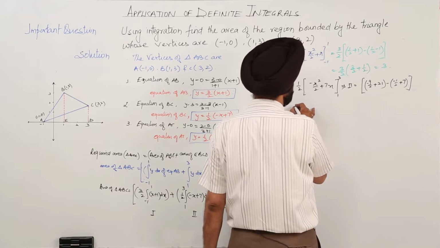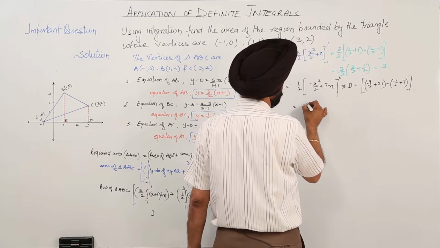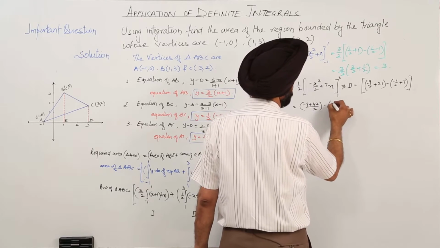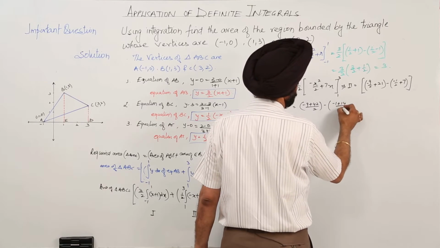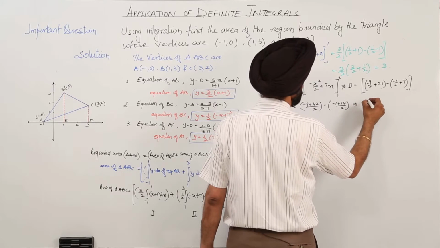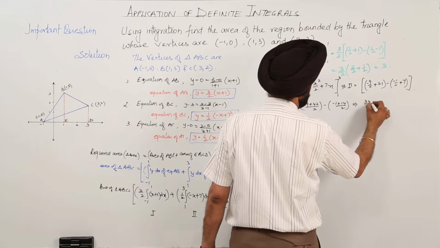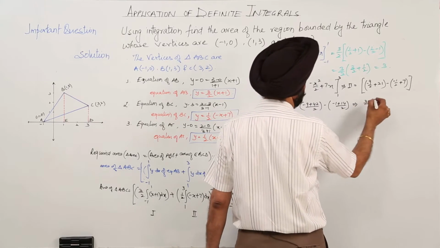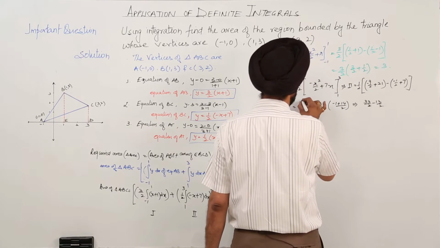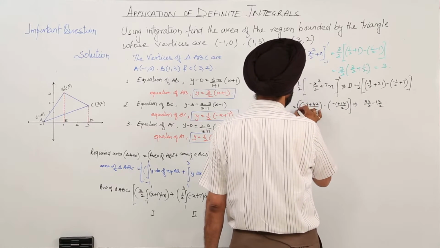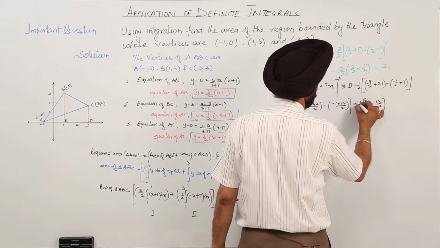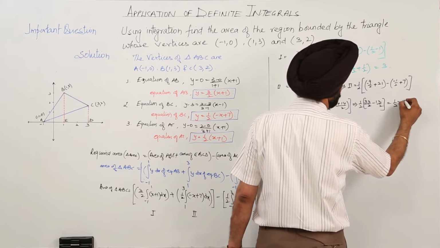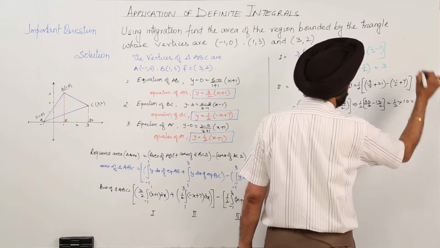Now this is equal to (minus 9 plus 42) upon 2 minus (minus 1 plus 14) upon 2. This is equal to 33 upon 2 minus 13 upon 2, that is 1 upon 2 into 10. This is equal to 5.